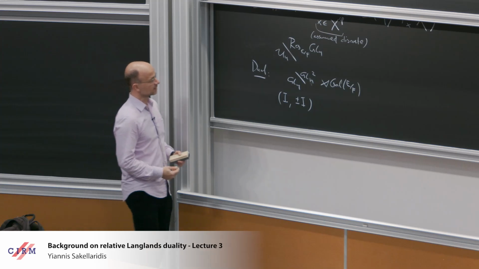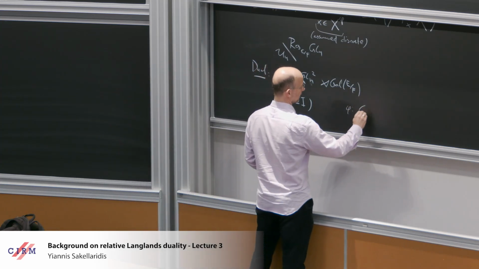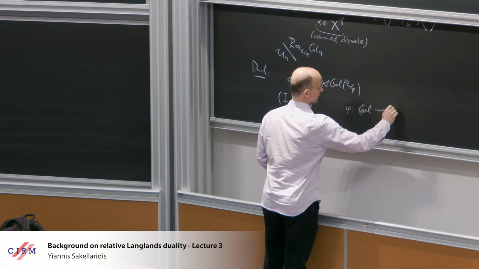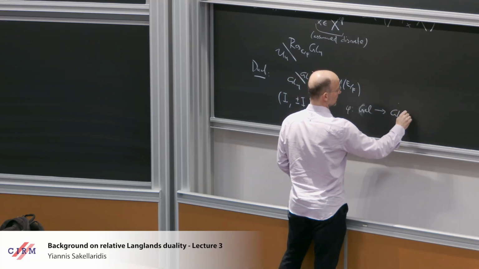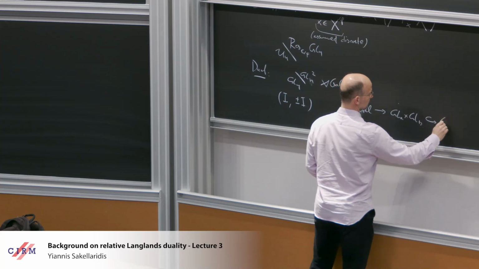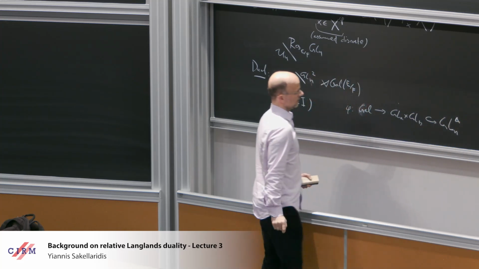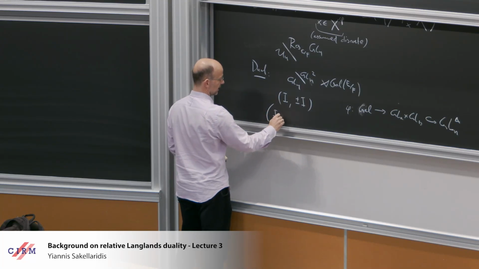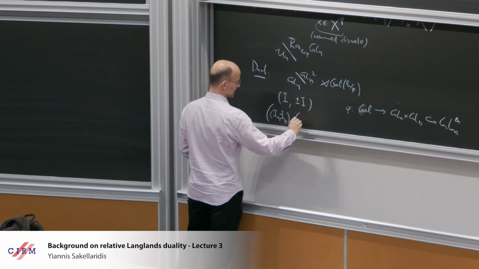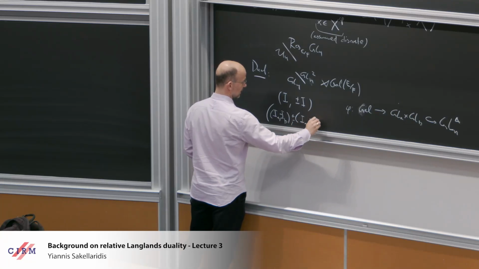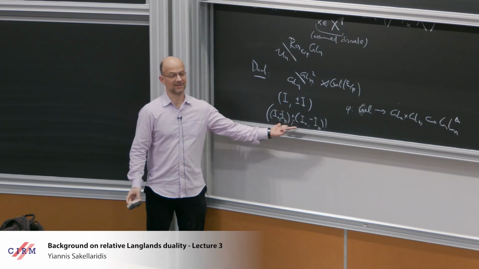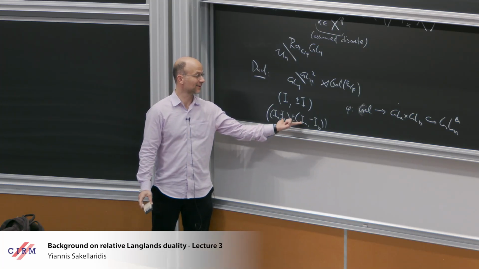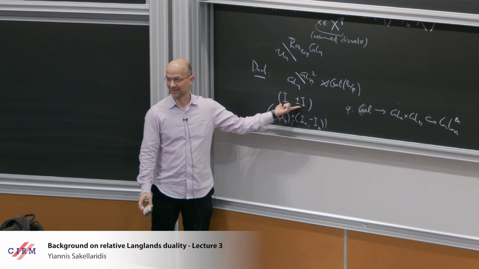That's true, but then I said that when the parameter lands in GL_A times GL_B inside of GL_N, diagonal, then you have extra fixed points, and I wrote them as identity A, minus identity B, plus or minus identity A, minus identity B. But if you notice what I wrote here, its coset is the same as that one.